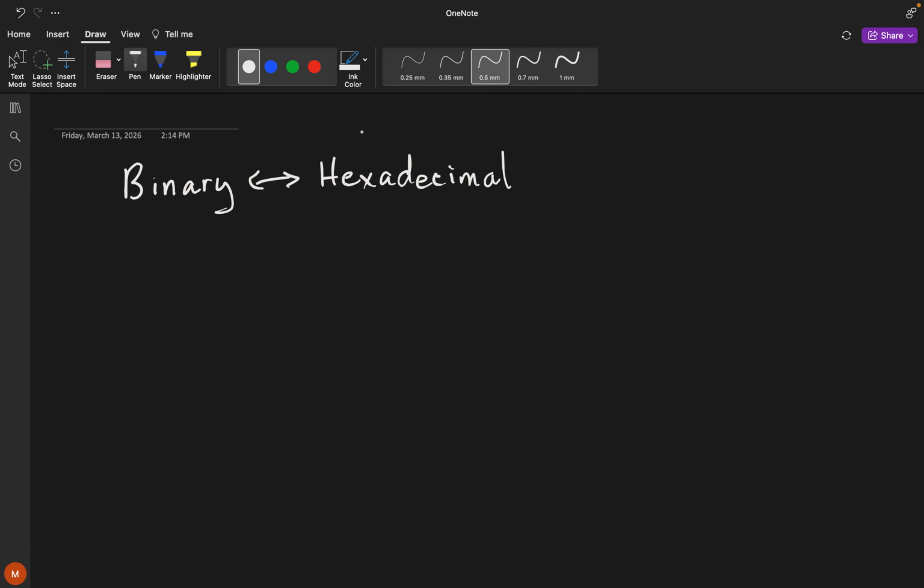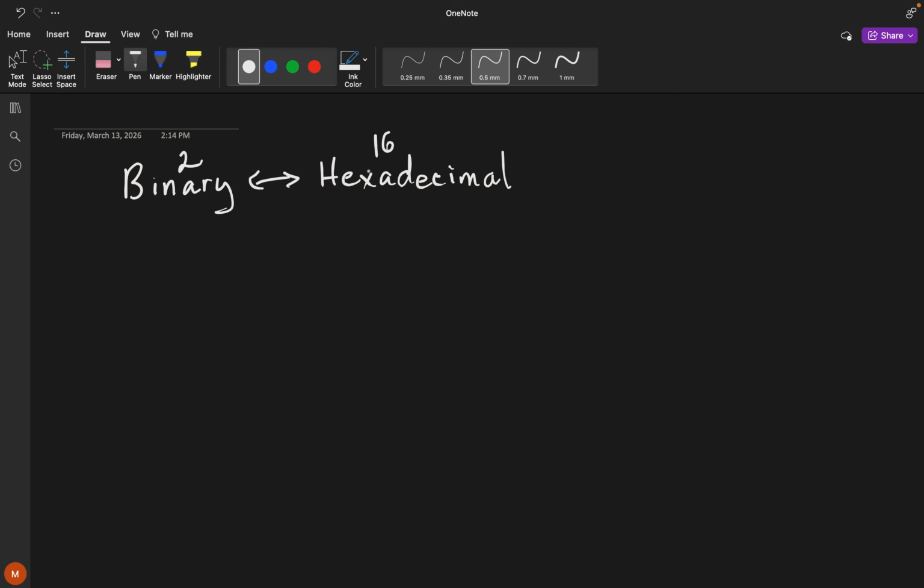Now, as I said, this is base 16, right? And this is 2. The last one was base 2 to base 8 and vice versa. And because 2 to the power of 3 is 8, we could do every triplet of bits. And this one is 2 to the power of 4 makes 16.